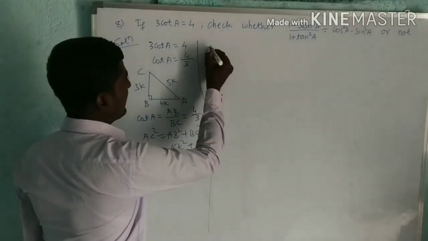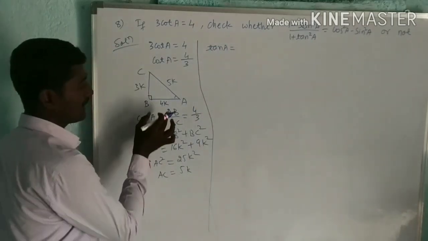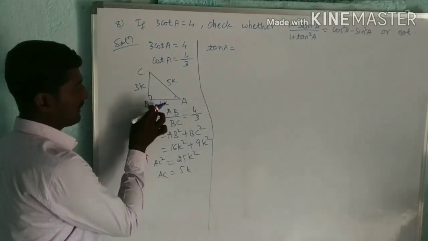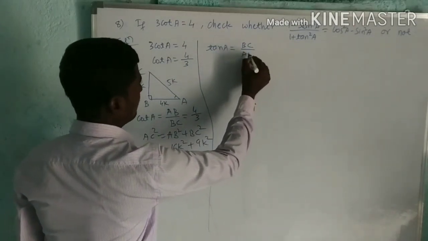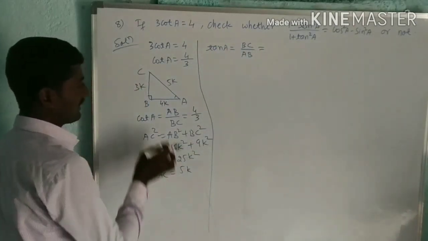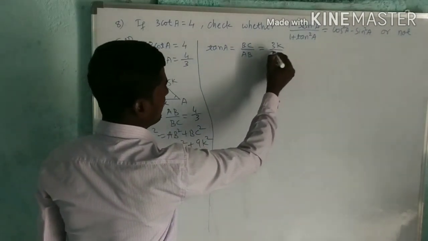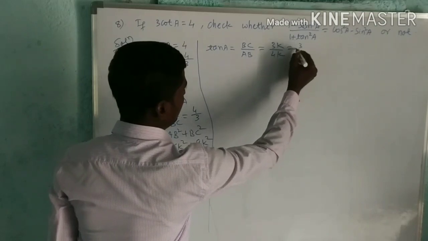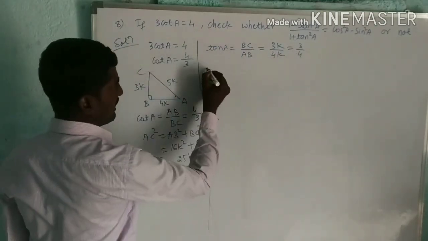Now first I'll write tan A. Tan A is opposite side divided by adjacent side, that is BC divided by AB. Now directly I can write 3K divided by 4K. K and K get cancelled, 3 by 4. Now tan A is over. Next cos A I want.